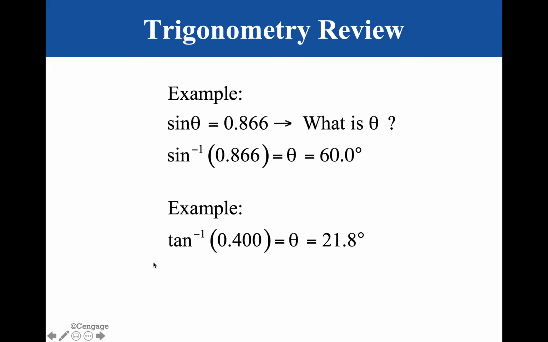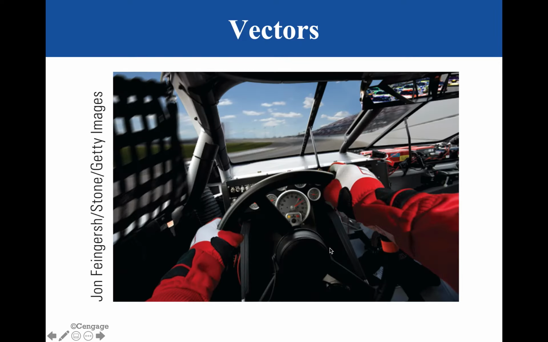And if you have a tangent of something that is 0.4, the inverse tangent means that the angle that gives you that xy ratio of 0.4 is 21.8 degrees. Okay? That is basic trig, and that's about the depth to which we'll use it for our purposes. Okay? Now we're going to talk about something called vectors.